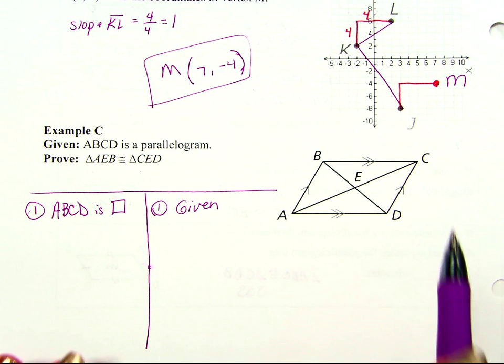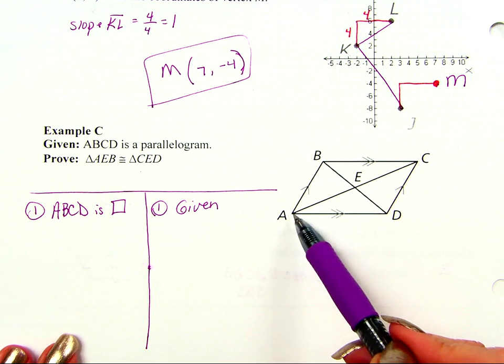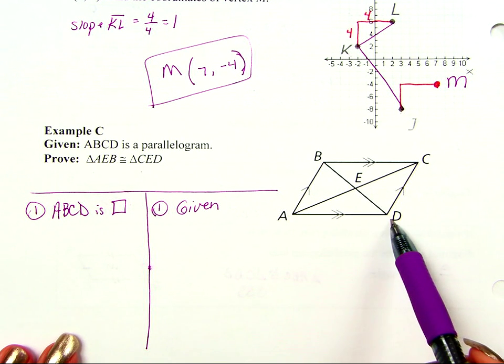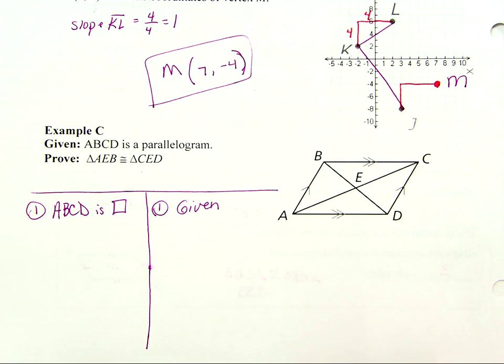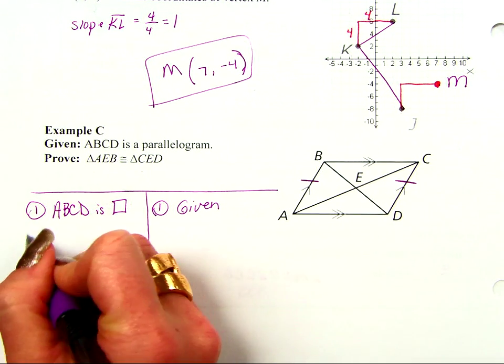Now, as I look at my triangles here, I'm trying to prove AEB and CED, these two triangles on the side. Now, I have to think about, what do I know about a parallelogram that would help me out? Well, I think most helpful would be that my opposite sides are congruent. Opposite sides congruent, well, I'm really only concerned about this side and this side, so that's the only one that I need to use.